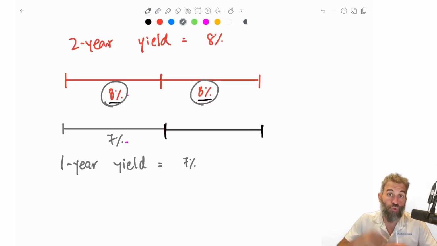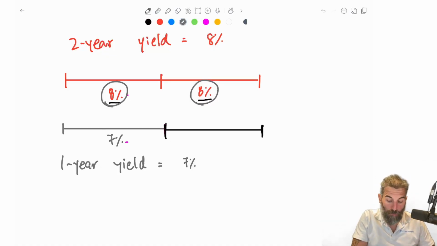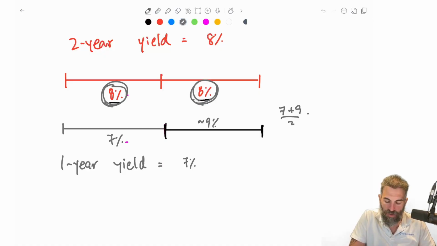Because from now, you took that risk of saying, hey, I'm already in for the second year. Let's go with 2 years. You got bumped up to 8% in the first year and 8% in the second year. So how much did that second year really give you? It gave you about 9%. It's not exactly 9%, but it's about 9 because the average of 7 and 9 is 8, right?